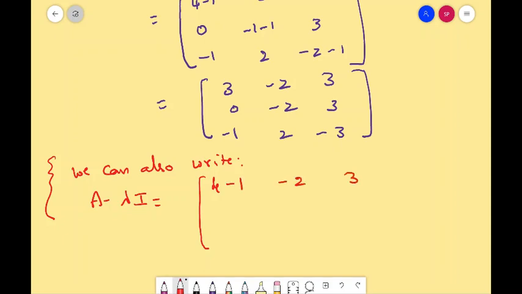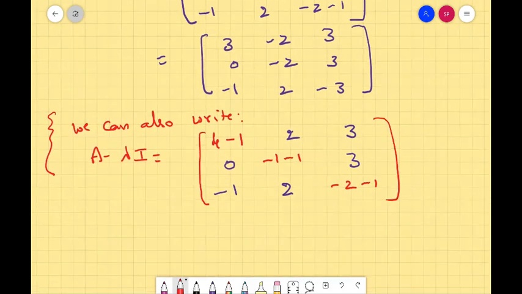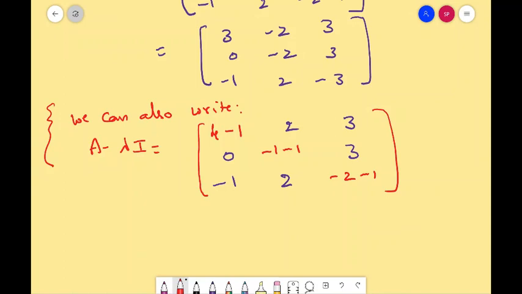So we can write this matrix without much calculation.